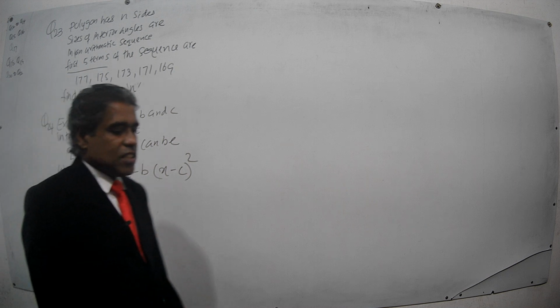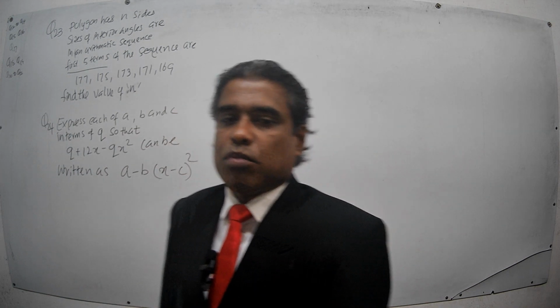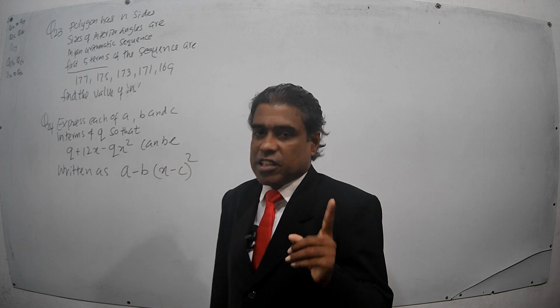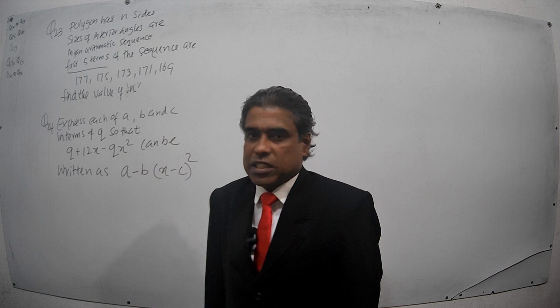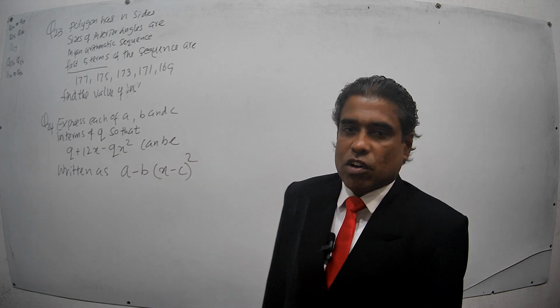Now what they say is that there is a polygon with n sides. The actual numerical value hasn't been given, only the letter n for the number of sides.